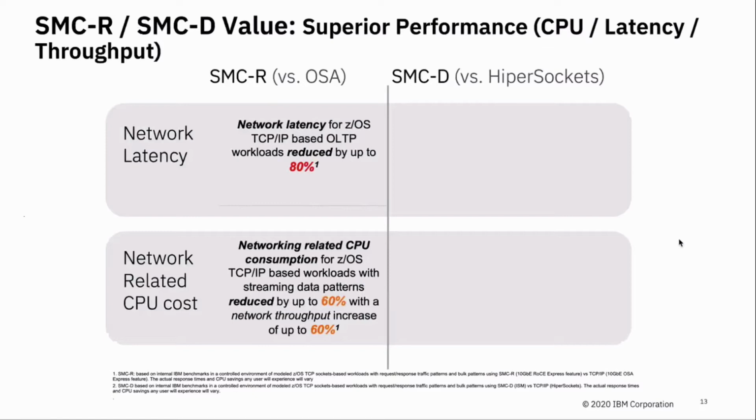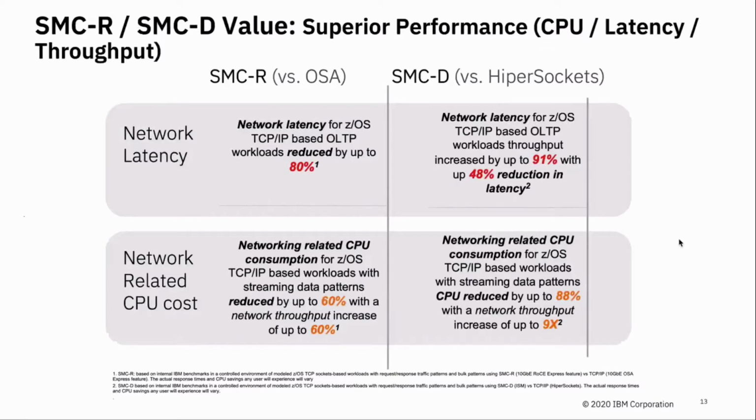And then on the right-hand column, comparing SMC-D versus hypersockets, we see latency savings and throughput gains up to 90%, and then the CPU savings, which, as I've had discussions with customers, most of them go right to this bottom row, which is the CPU savings, and it is significant, or can be.